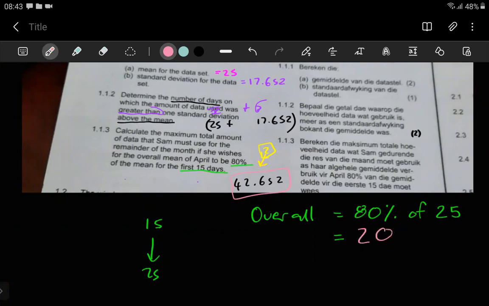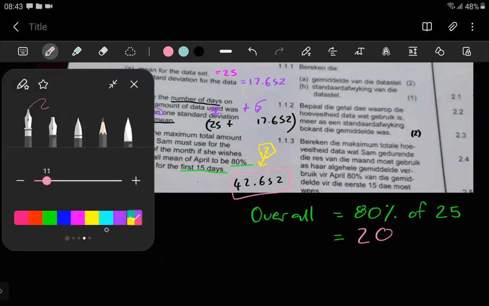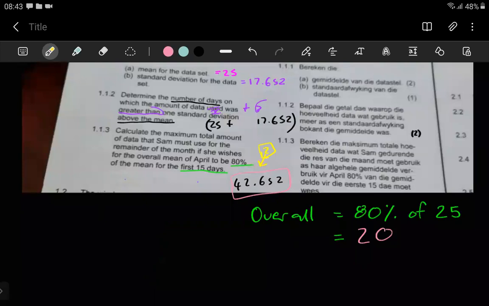So with that being said, what we know is the other 15 days, whatever they are, if you add them to the previous ones, the overall average would be equal to 20. Remember, with any question, always use the main thing, and the main thing in this question is mean.